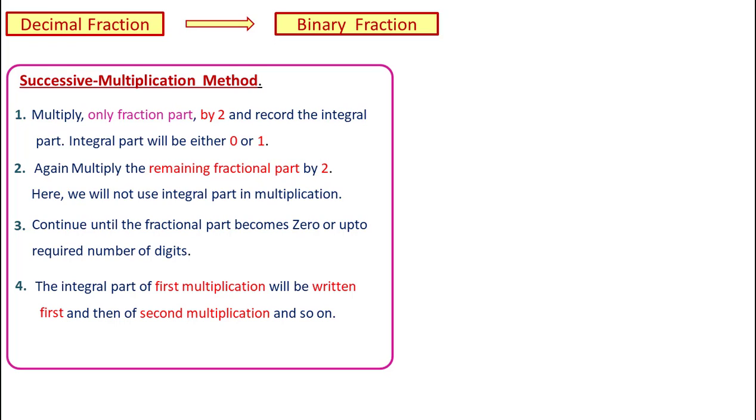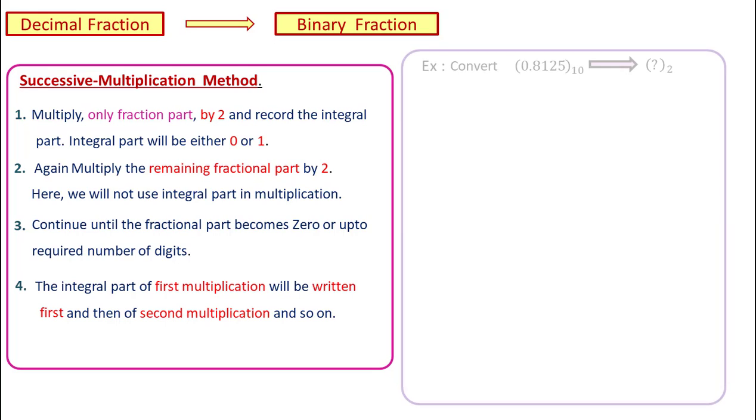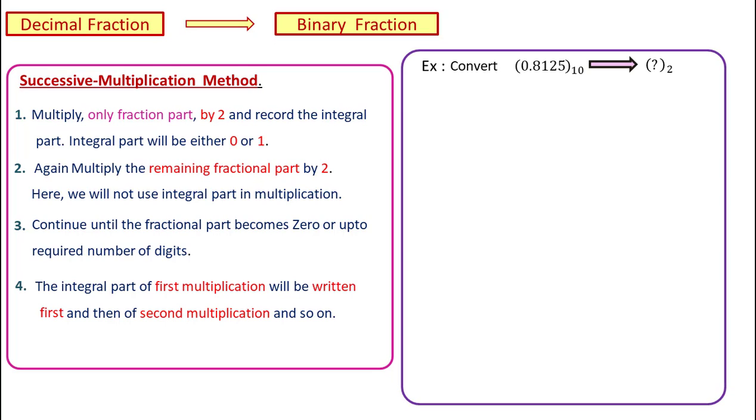To clear this concept, let us consider a decimal fraction which we have to convert into an equivalent binary fraction. In this question, we have to multiply 0.8125 by 2. Here, the integral part is 0 and the fractional part is 8125.